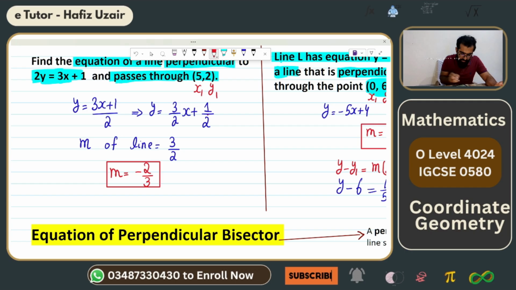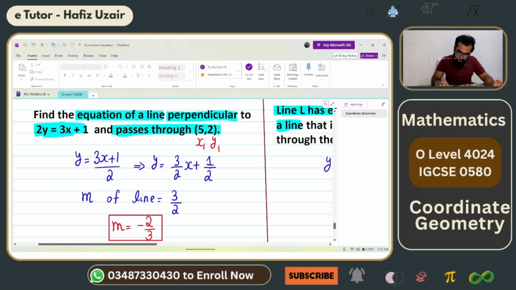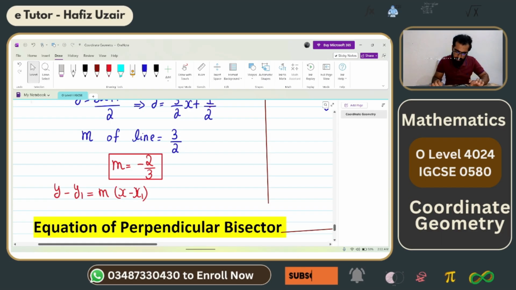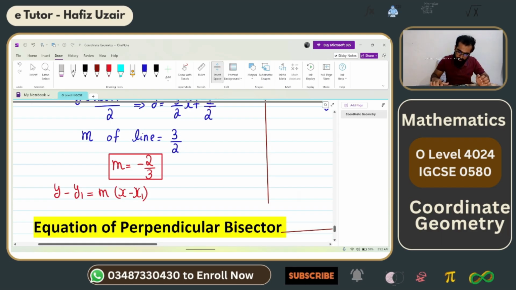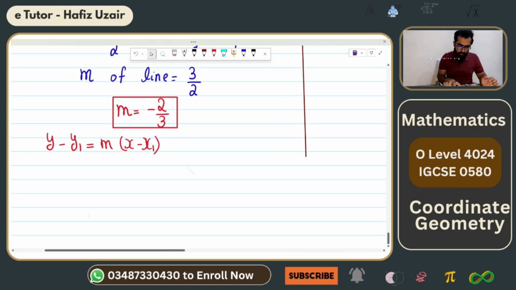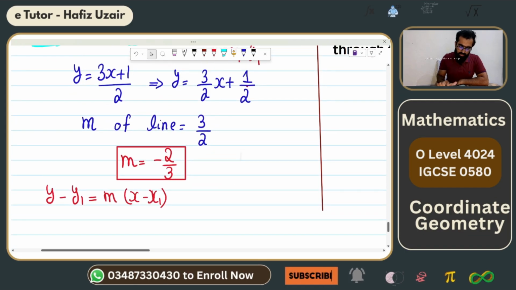Now use the point-slope form: y minus y1 is equal to m times (x minus x1), right? Let's move, I have less space over here. Now the value of x1 is 5 and the value of y1 is 2.